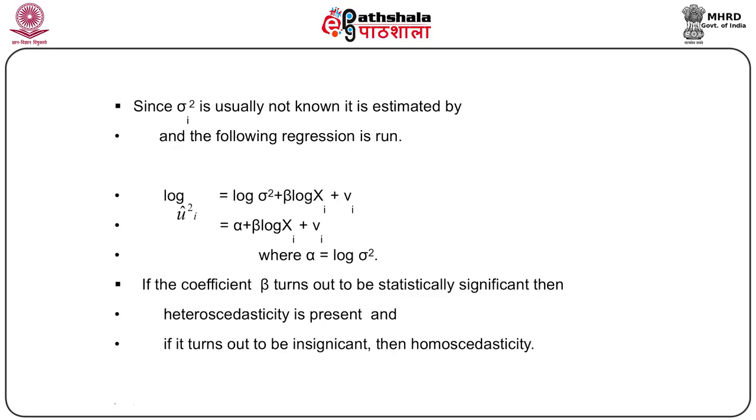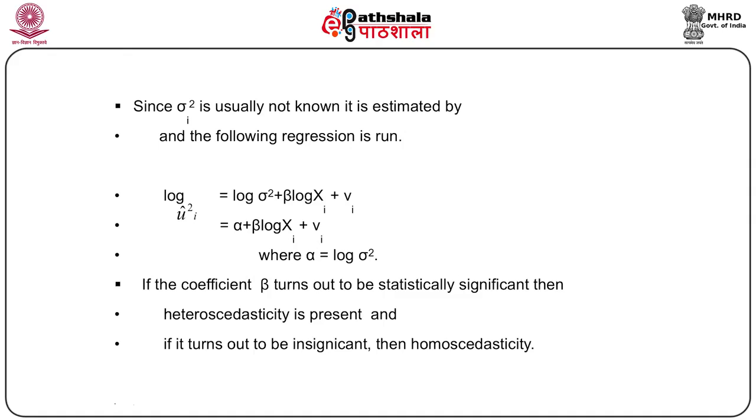In this model, we can write log sigma square as alpha, plus beta log xi plus vi, and this model is of the same form as a simple linear regression model, where alpha equals log sigma square, which is a constant term.